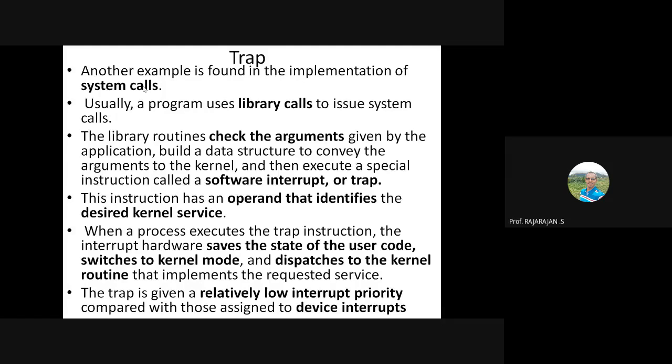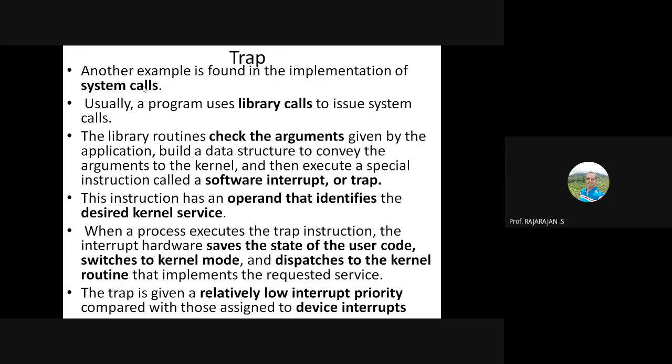So when the process is trapped, there will be a mode switch from user mode to kernel mode, and there will be a context switch so that the user process is replaced by the kernel, and the kernel looks at the system call, and checks which particular module of the OS needs to be executed for that particular call. For example, it may be a fork call, or it may be a shared memory creation call.